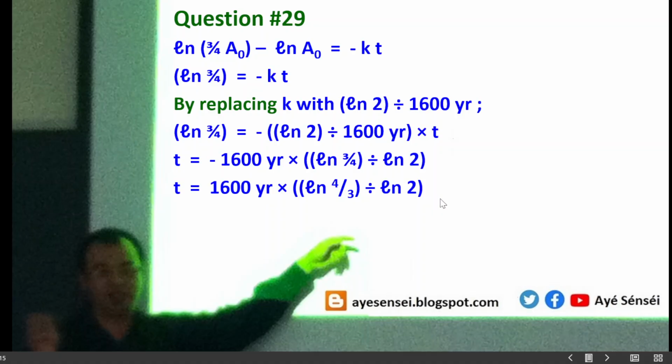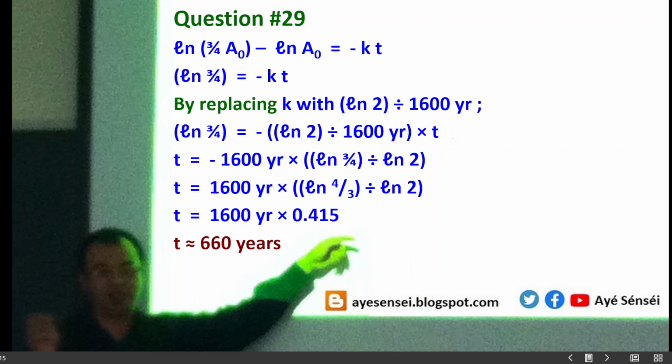We can just use a calculator to evaluate the value of ln 4/3 divided by ln 2, which is 0.415, and then if we multiply them, we'll get t approximately equal to 660 years.